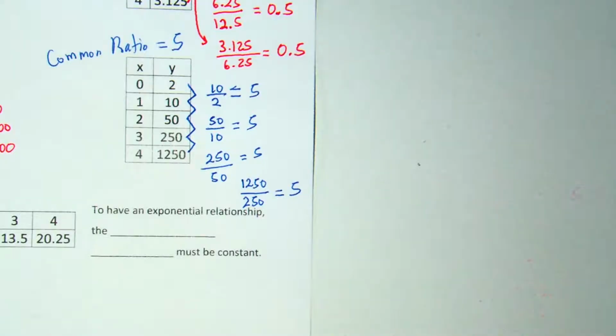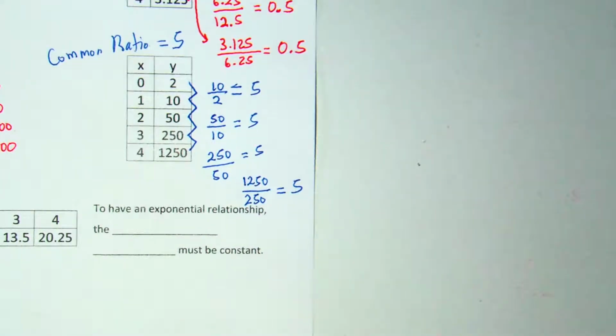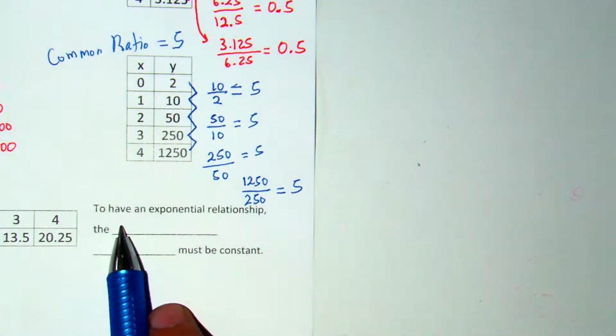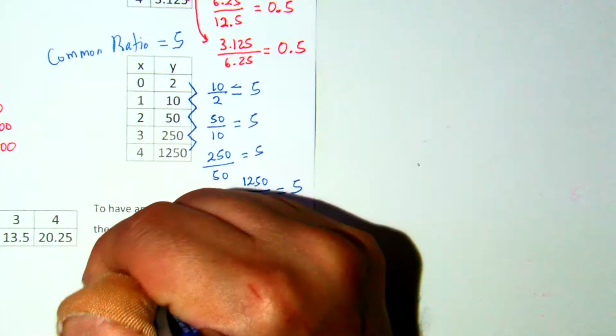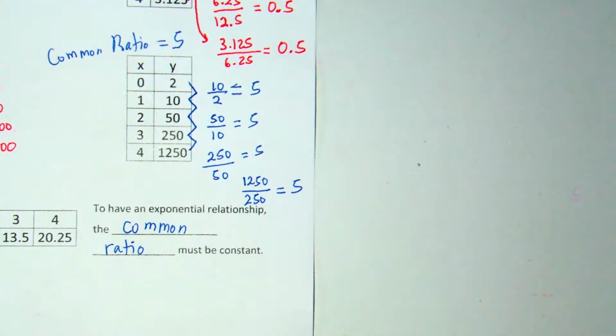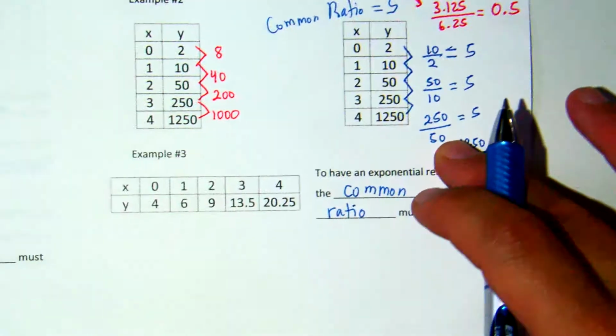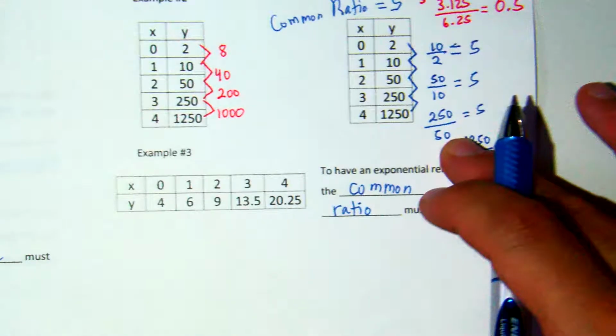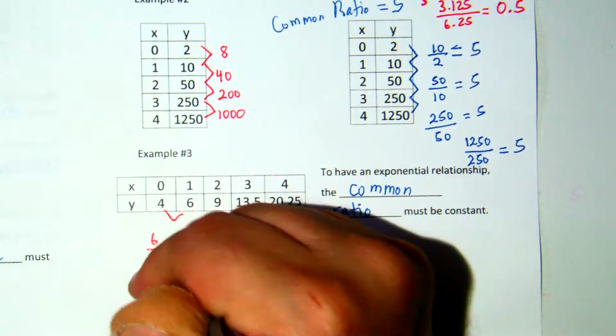And to finish this off, before we do example 3: to have an exponential relationship, the common ratio must be constant. So let's try one that doesn't look as nice. From here to here, we're taking 6 and dividing it by 4.